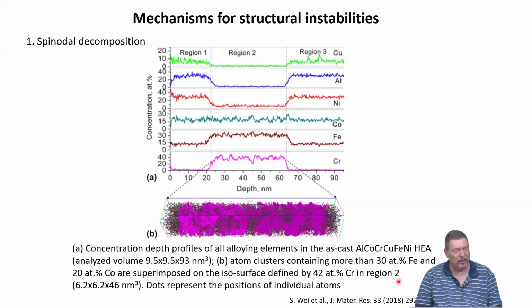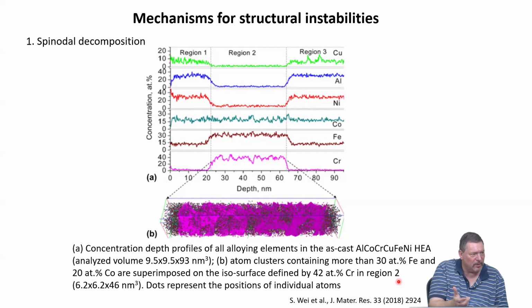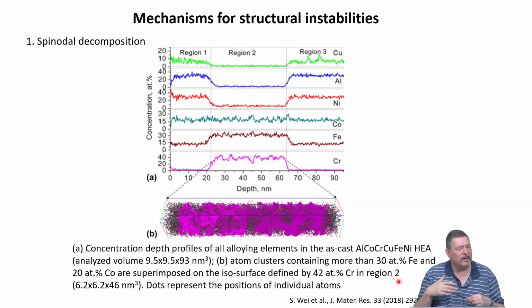It can undergo spinodal decomposition. So it means there is a very high positive mixing enthalpy, and that makes the free energy functional of your solid solution concave, and a concave functional for a single phase can never be stable.